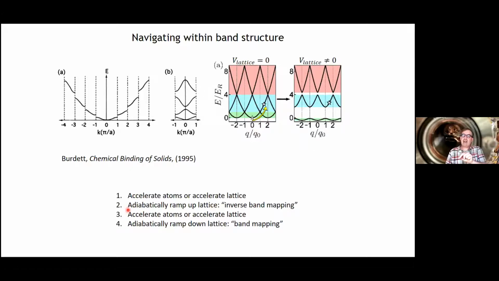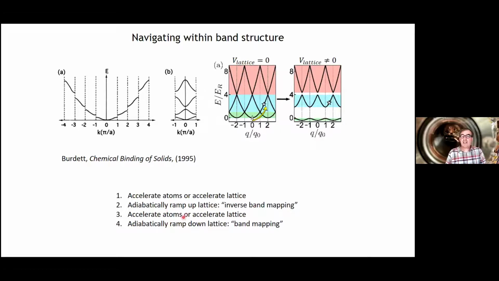If we promote the atoms to a specific momentum state, for example, in this one-dimensional example shown here, then when we adiabatically ramp up the lattice, the atoms will be promoted into the first excited band, the second energy band, and they will be at a quasi-momentum which matches the momentum of the atoms, but taken modulo the Brillouin zone. So the upshot of this is that by pushing on the atoms and then ramping up the lattice, we can put the atoms anywhere in band structure that we wish, in any band and at any quasi-momentum.